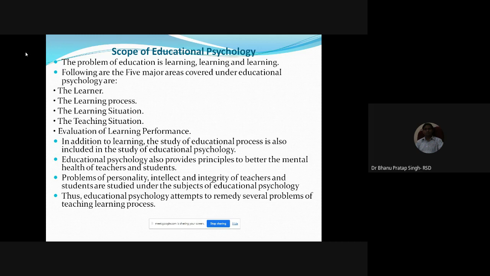You know, the study of the educational process is also included in the study of educational psychology. Educational psychology also provides the principles to better the mental health of the teacher and the students. It talks about the problems of personality, intellect, integrity of the teacher.